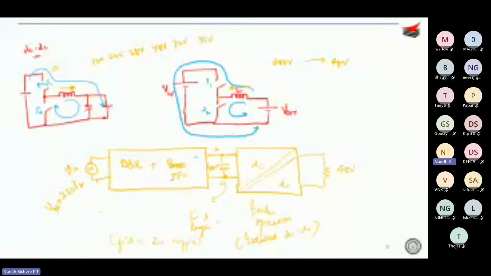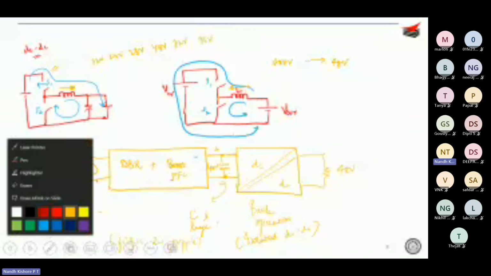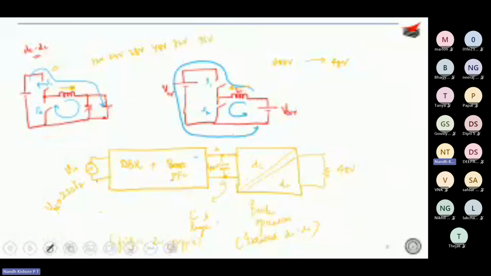All right. Any doubts so far? Now from this itself, I can tell you two potential research problems. Many people work on these; this is a very well researched topic, and many people still actively work on it. One question is, how do we reduce the capacitor? How to reduce C? This is one research topic. Secondly, if you see this entire unit, you have a diode rectifier, a boost PFC, and then an isolated DC-DC converter.